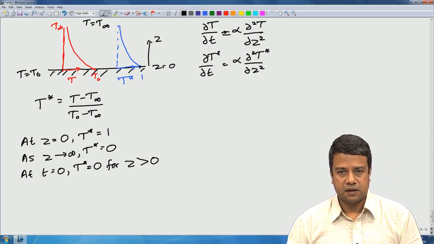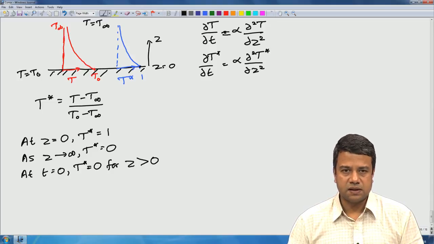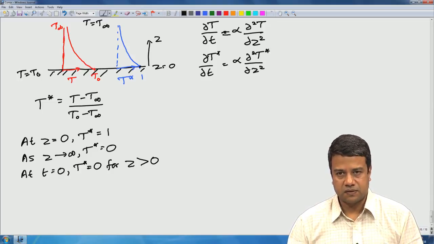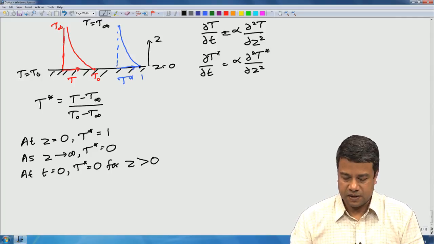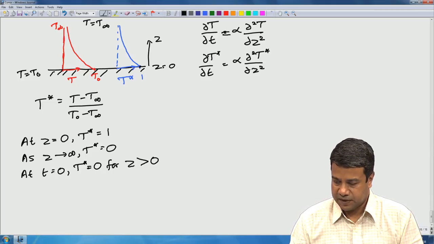At t equal to 0, we have just initiated the heating, so T star is equal to 0 for all Z greater than 0. At the surface itself, T star has become equal to 1 because we have instantaneously heated the surface.